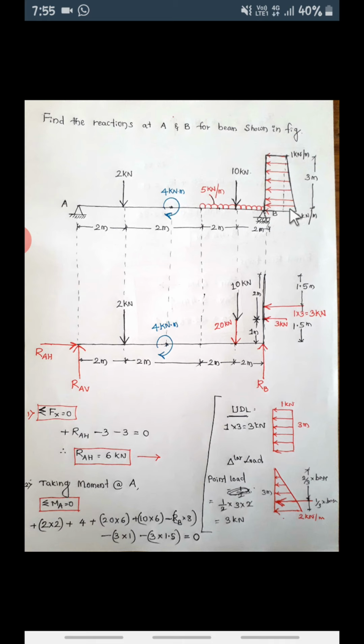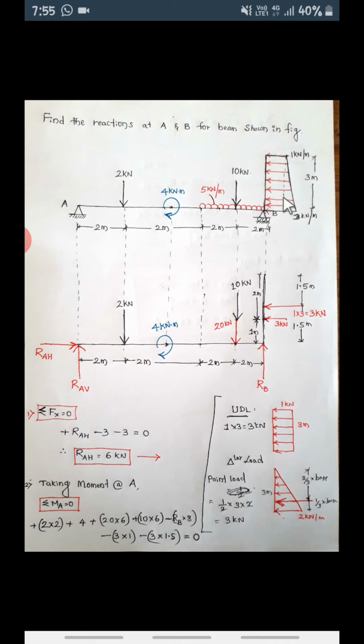Now this trapezoidal load will be considered in two parts. One is UDL. See this rectangle, this is 1. If you consider only this, from here to here it is again 1. So this complete rectangle will be considered as UDL, 1 kilonewton, where I have drawn the dotted line.